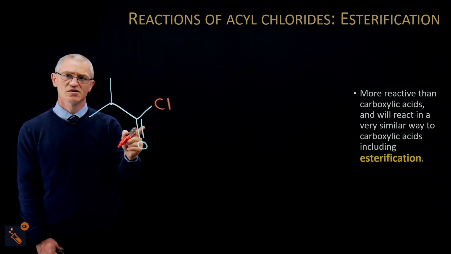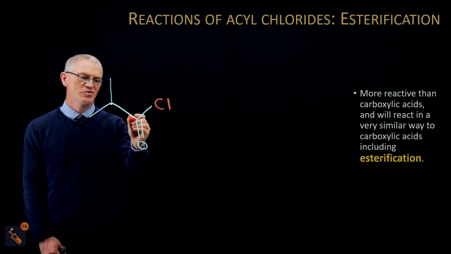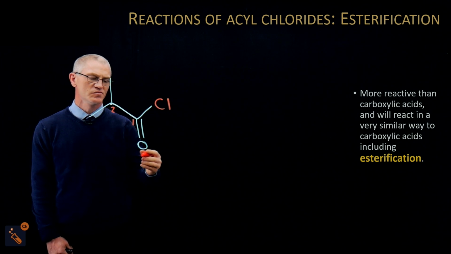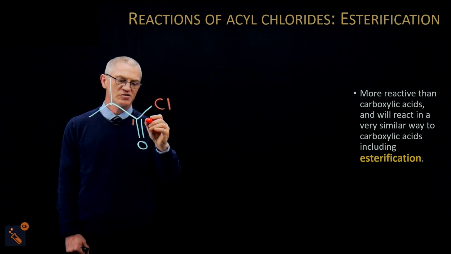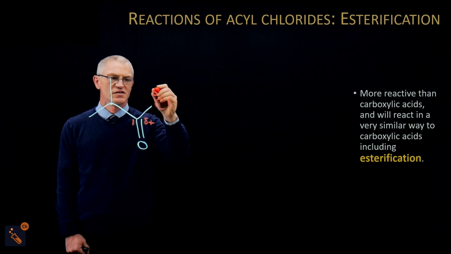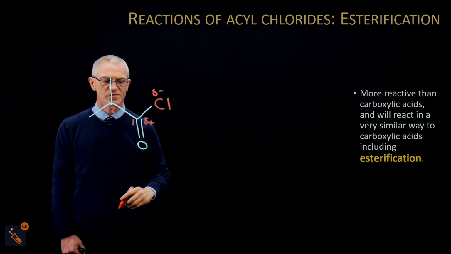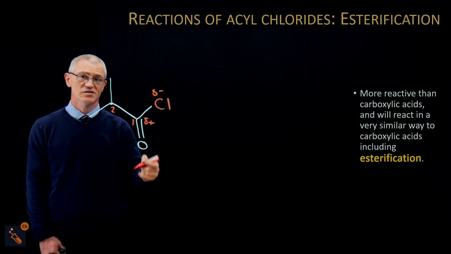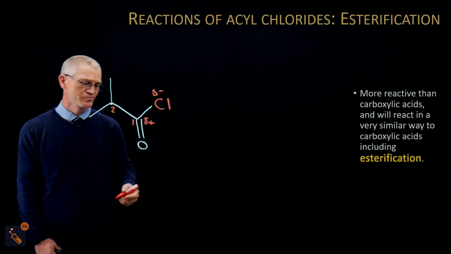This is 2-methyl propanoyl chloride. Remember, this is number 1, this is number 2. Really useful just to remember your dipoles. Here is a delta positive, here's a delta negative. This is also delta negative, but we're going to leave that for now.